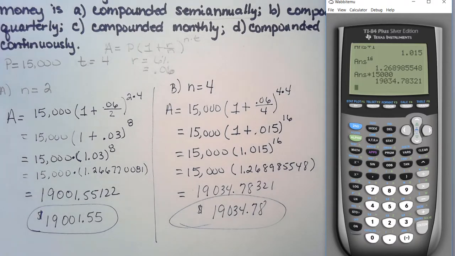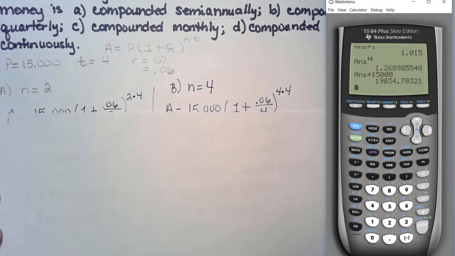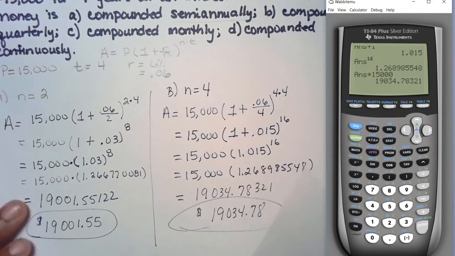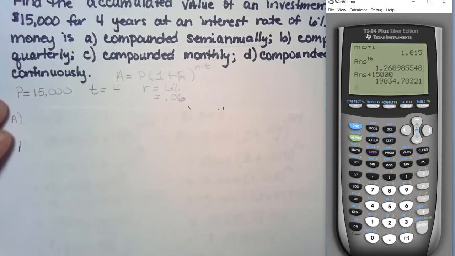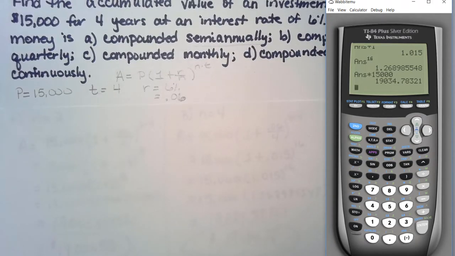Okay, let's look at compounding monthly. So when we say compounding monthly, what we mean is what? How many months in a year? 12. Okay, so the number of compounding periods when it's monthly is going to be 12.